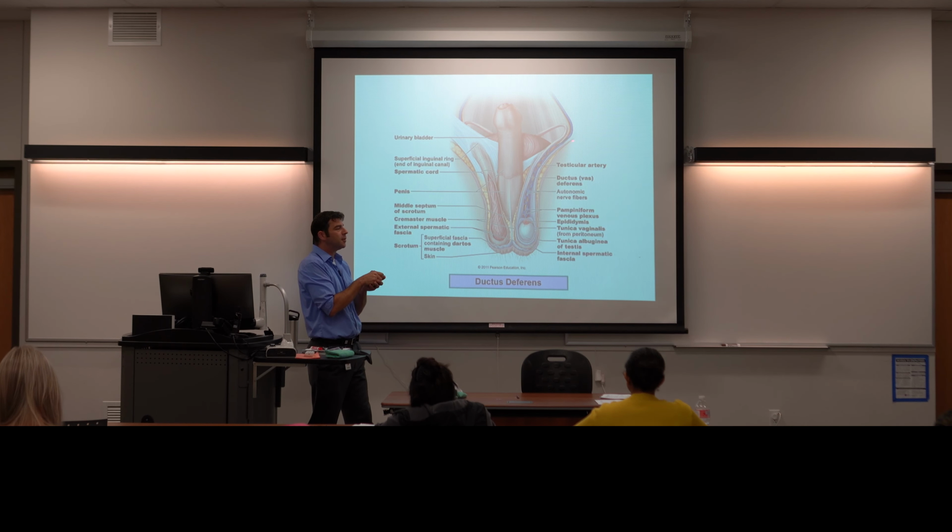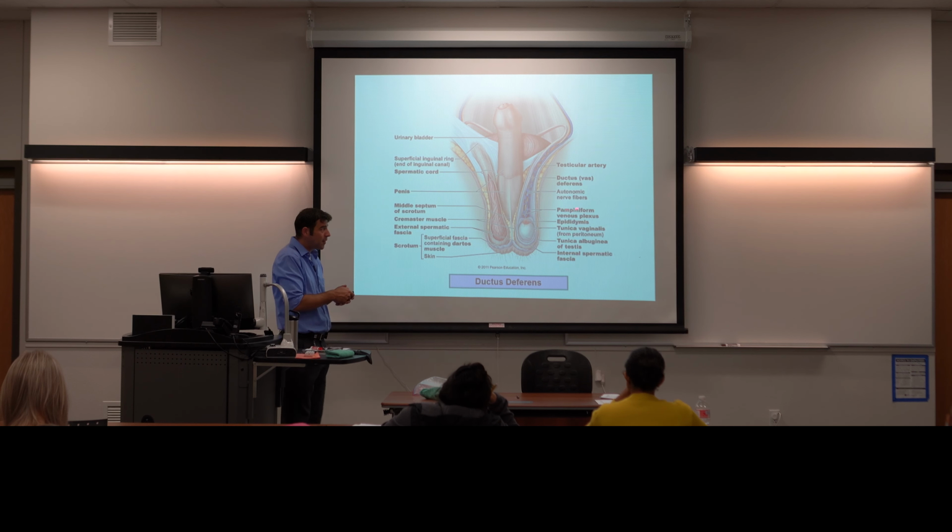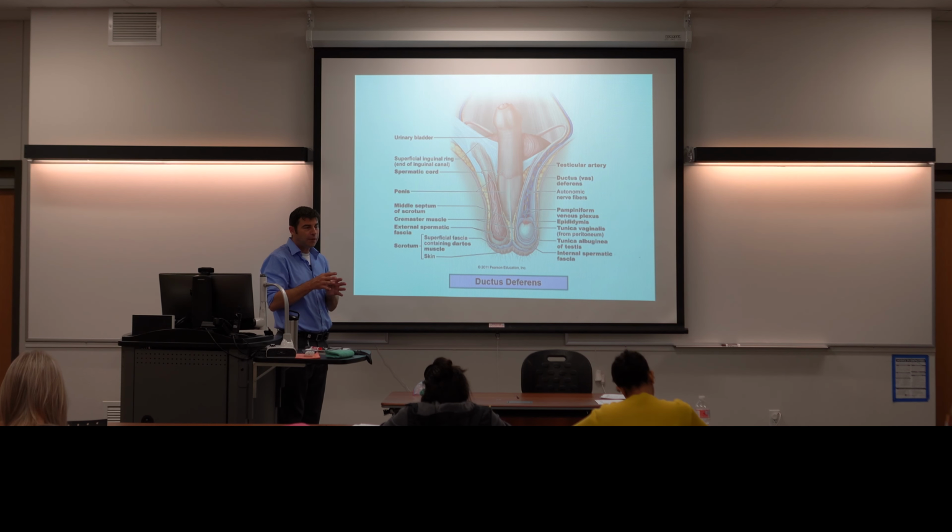This blood is going to be relatively warm because it's coming from the core of the body. Surrounding this artery that's delivering warm blood to the testes is a network of veins, the pampiniform plexus. The job of that network of veins is to pull heat off of the warm blood that's going towards the testes.